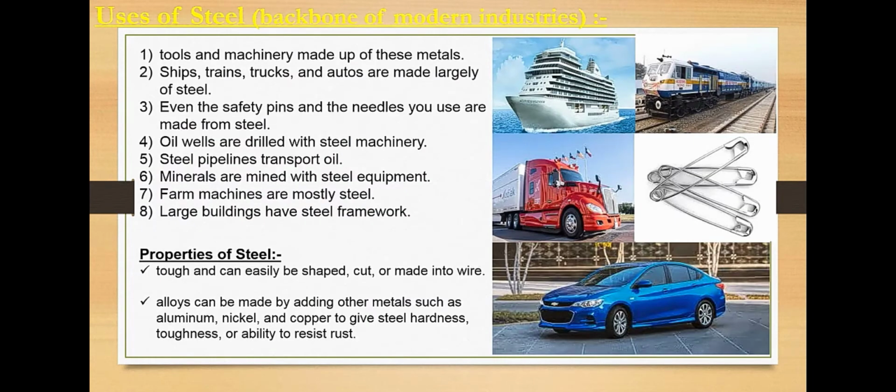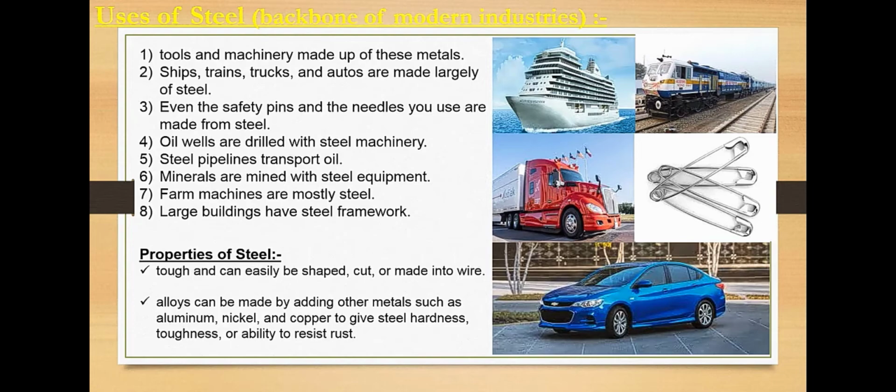Okay, what are the uses of the steel industry? Actually, we give the steel industry the name backbone of modern industries. See here in the picture, for making a ship, a train, a truck, a safety pin, a car, whatever industry it may be, for constructing a home, from a safety pin to building a house, everything uses steel.